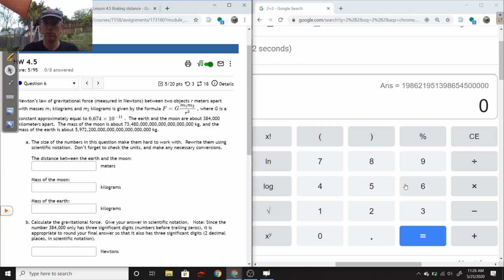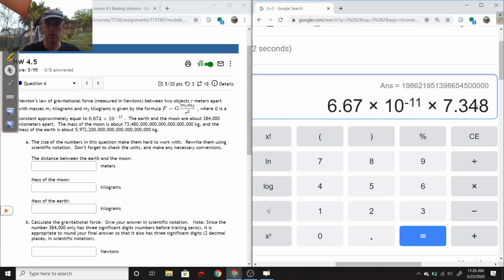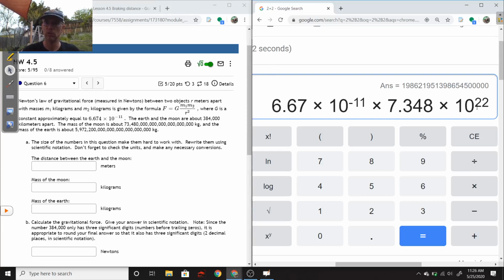So that's going to be 6.674 times 10 raised to the negative 11. That gets multiplied by the moon, which we decided was 7.348 times 10 to the power 22.